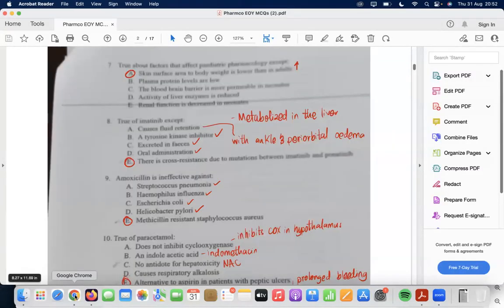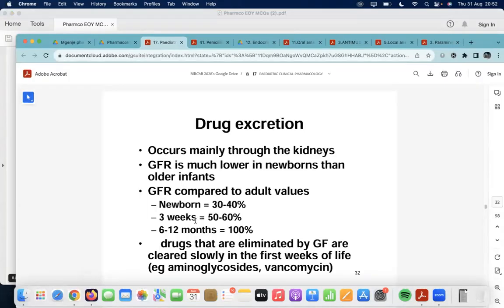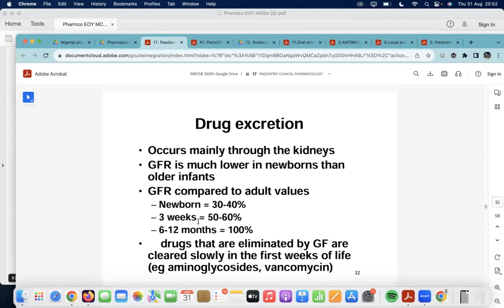I think a neonate is a child less than 1 year. No, I think even less than 1 month, not even 1 year. So a neonate is a child less than a month old.